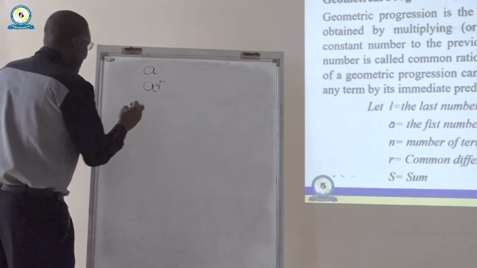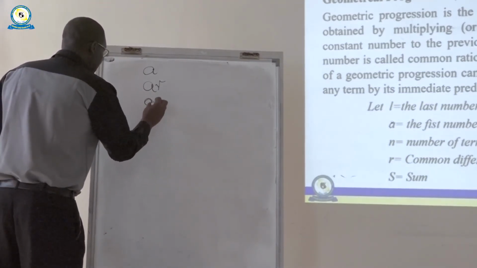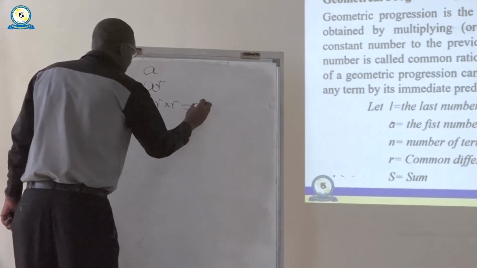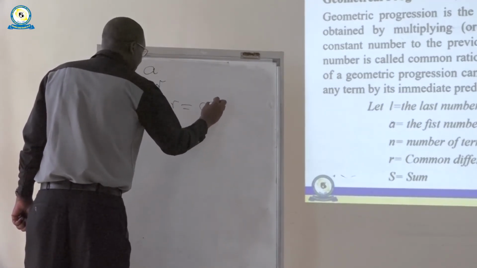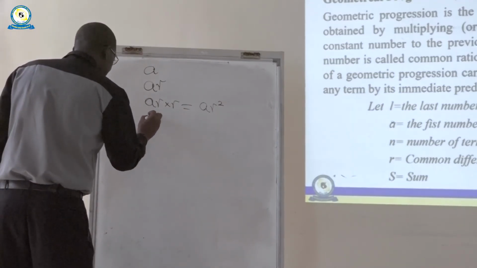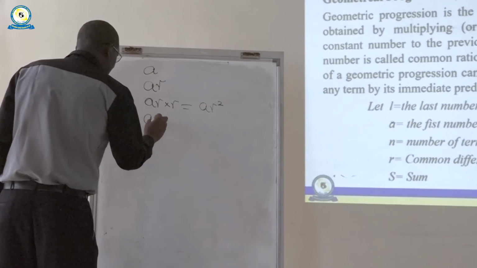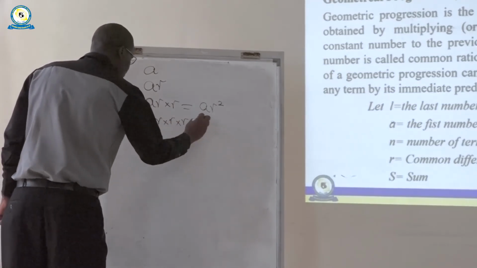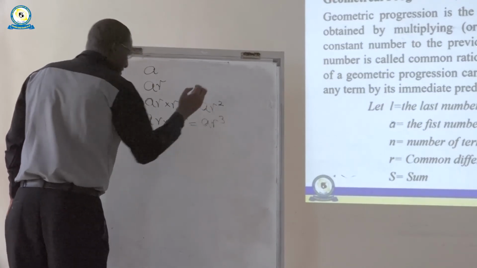The third number is AR times R, equals AR squared. The fourth number is AR times R times R, equals AR cubed.